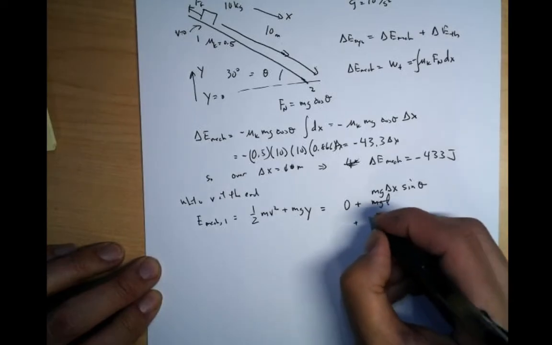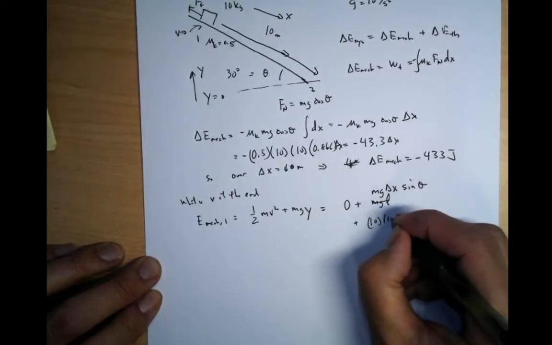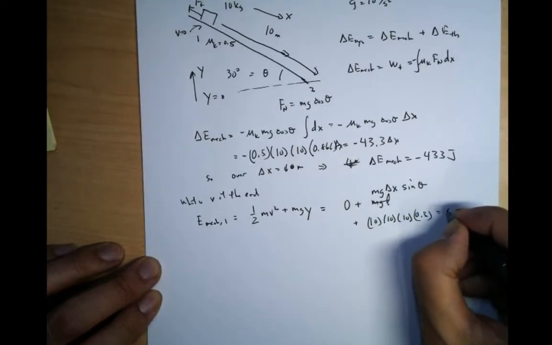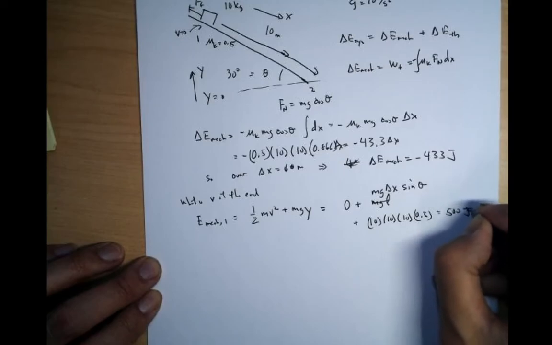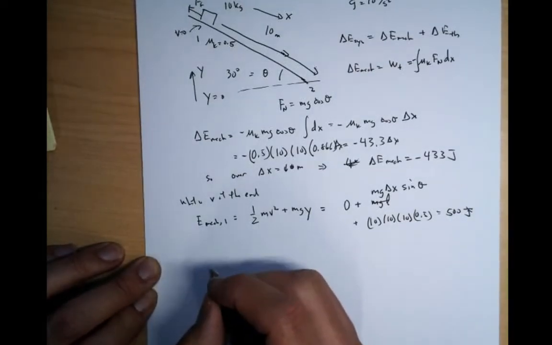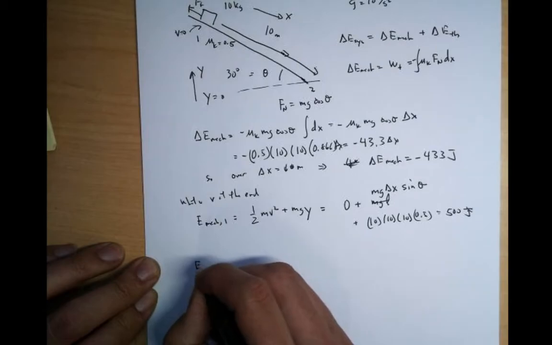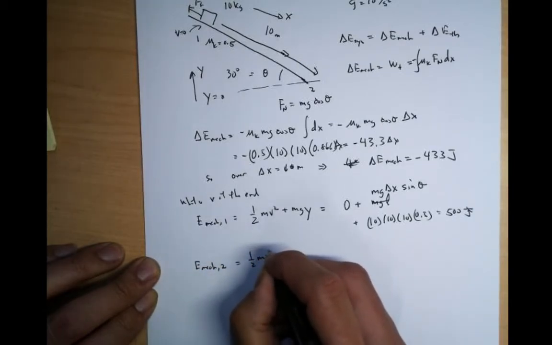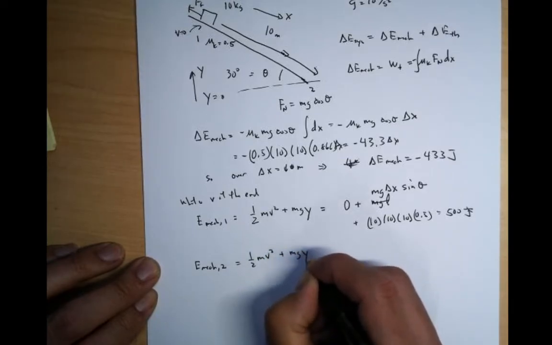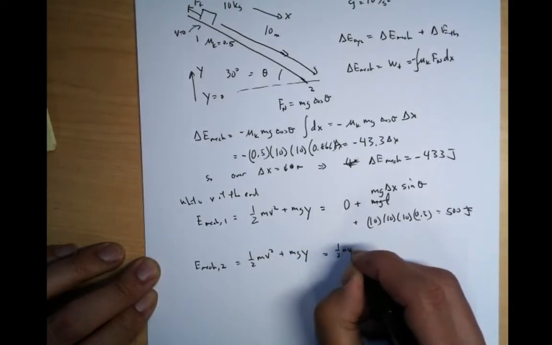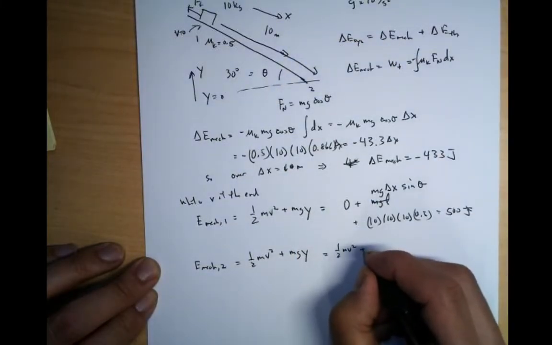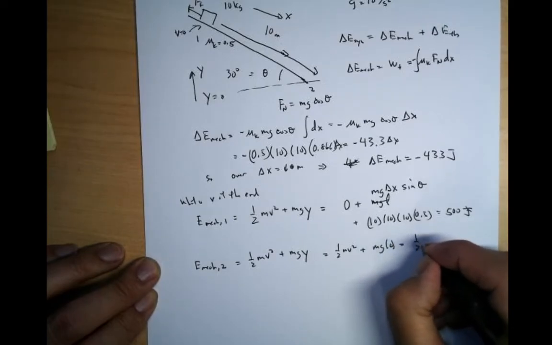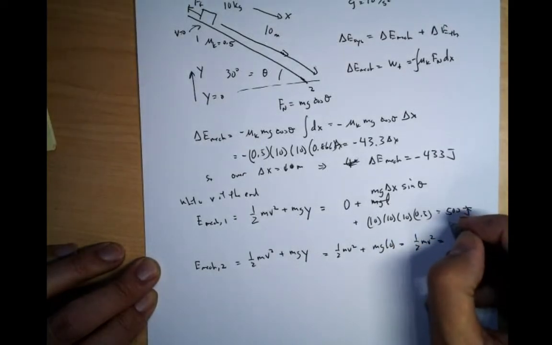So this is going to be 10 times 10 times 10, and sine theta is 0.5. That's 500 joules. So E mechanical at 2 is equal to 1/2 mv squared plus mgy. That's 1/2 mv squared, which is basically some velocity at the very end, plus mg times 0, since y equals 0.